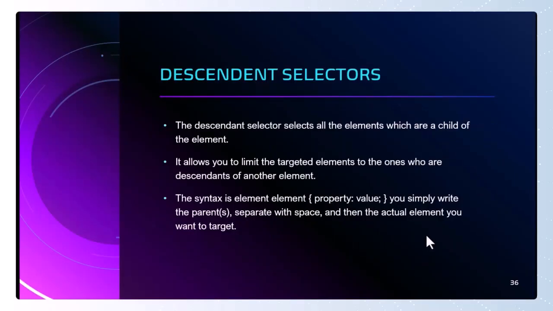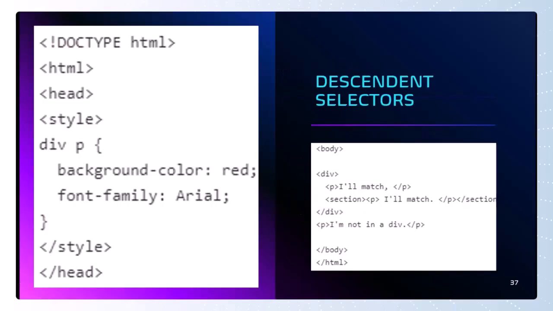Descendant selectors. The descendant selectors select all the elements which are descendants of the element. It allows you to limit the target elements to the ones who are descendants of another element. The syntax is element with property value within the curly braces. You write the parent, separate with a space, and then the actual element you want to target.